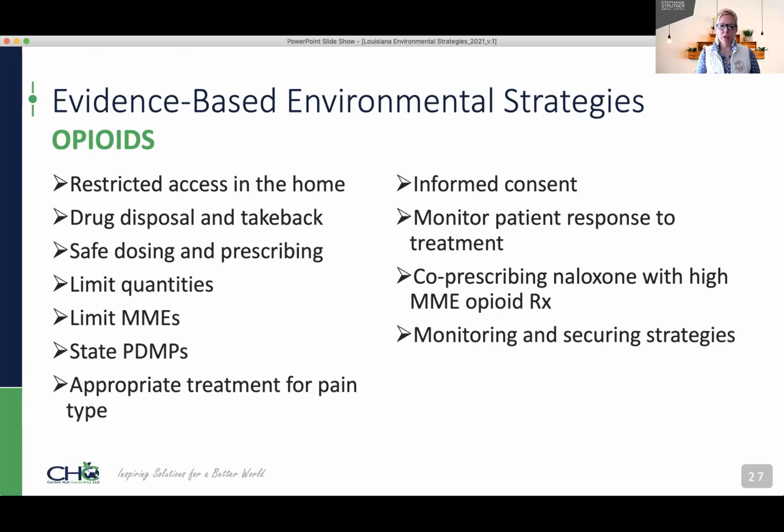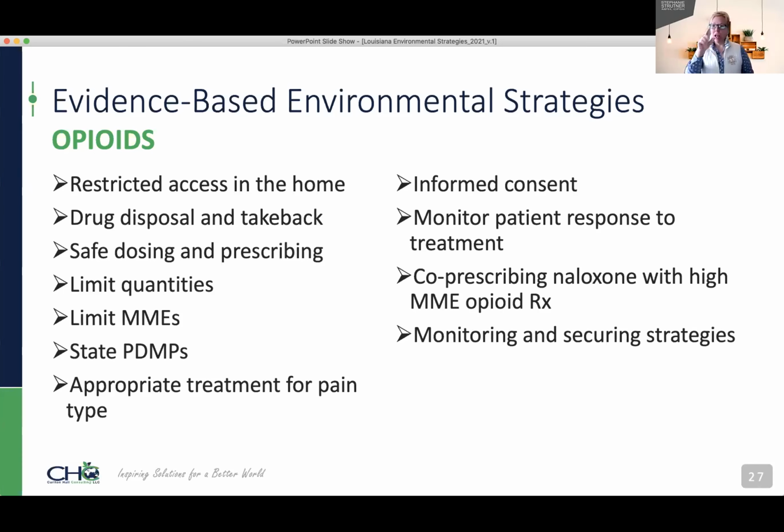Milligram morphine equivalent is just the code that we use to make different opioids on a level playing field so that we can measure the amount of the morphine derivative that's in that medication. And so where, for example, a 10 milligram hydrocodone would have 10 MMEs, a 10 milligram oxycodone would have 100 MMEs. So just being able to reduce the MMEs.